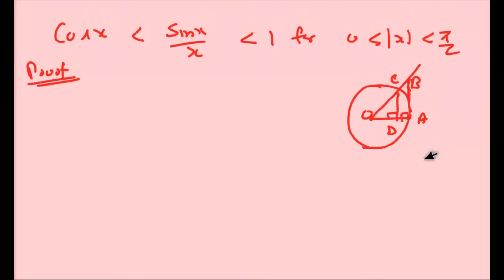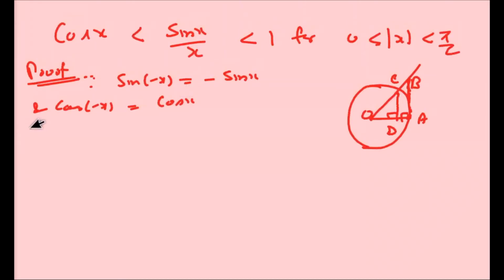Now using this figure we can say, since sin(-x) we know is -sin x, and cos(-x) we know is equal to cos x, hence we can prove the inequalities for 0 less than x less than pi by 2 only.